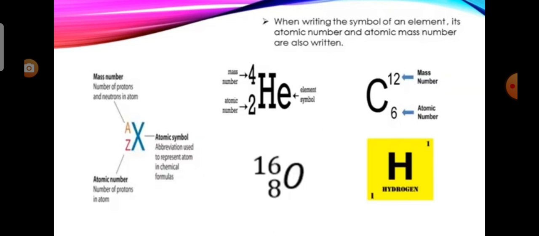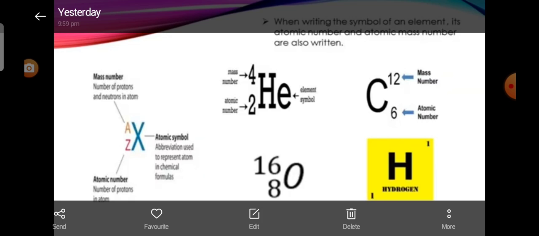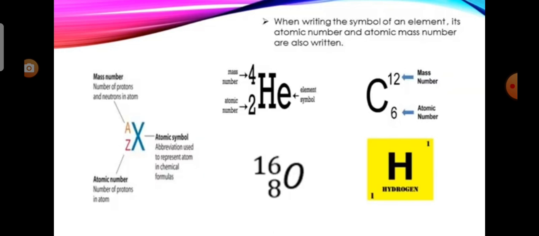For example, helium has the number 2 in subscript, that is the atomic number, and the number 4 in superscript, that is the mass number. Likewise, carbon has 6 atomic number and 12 mass number. Oxygen has 8 atomic number and the mass number is 12. Hydrogen has 1 atomic number and mass number also 1.